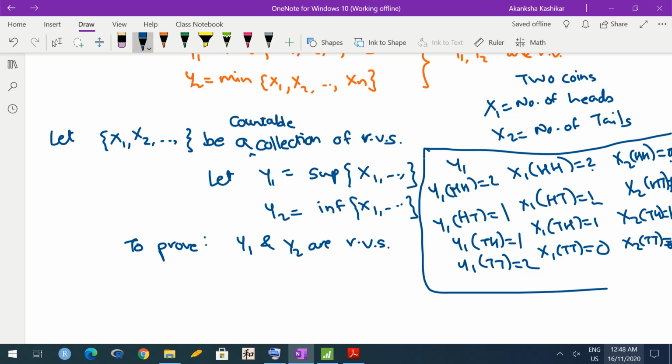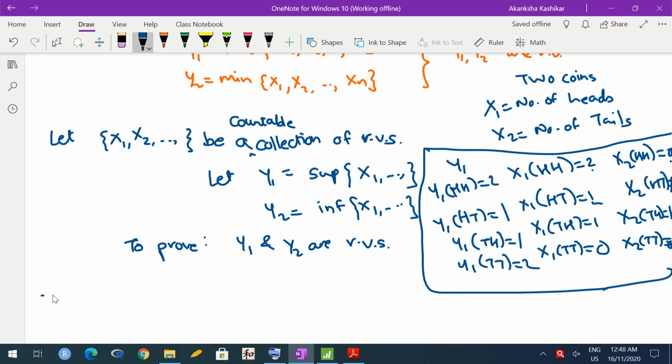For every omega it takes the maximum of X1 and X2 for that particular omega. And the same thing we are now generalizing to a countable collection. So X1, X2, ... is a countable collection of random variables. You can also call it a sequence. And now we are defining Y1 and Y2 as supremum and infimum.